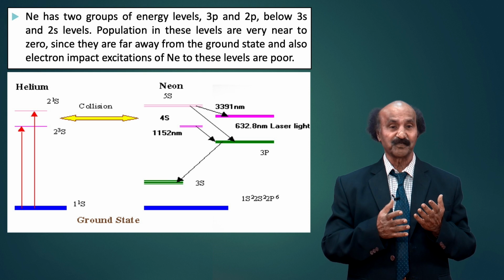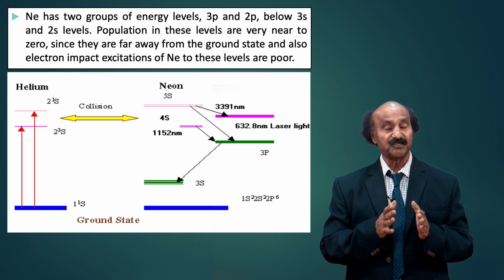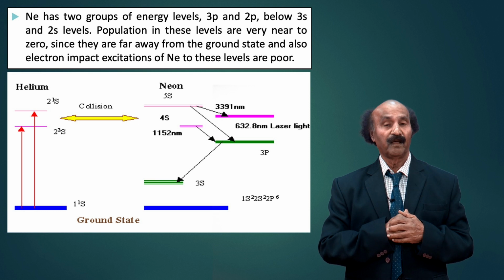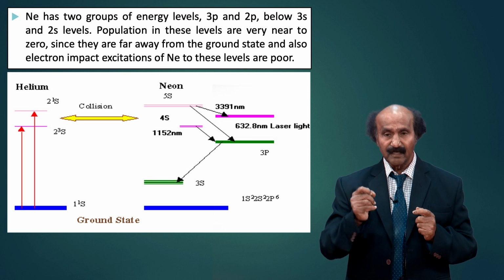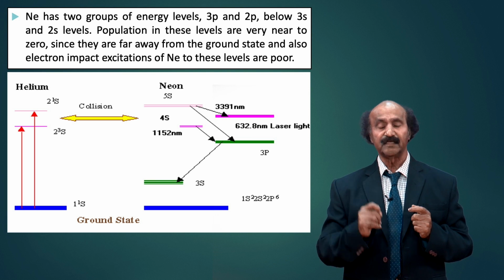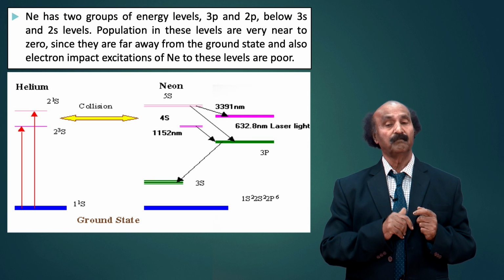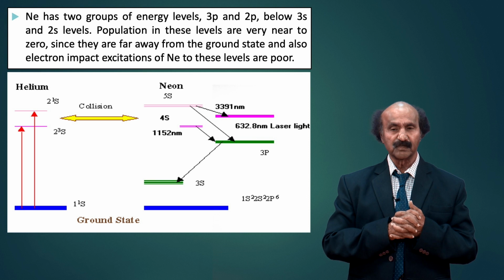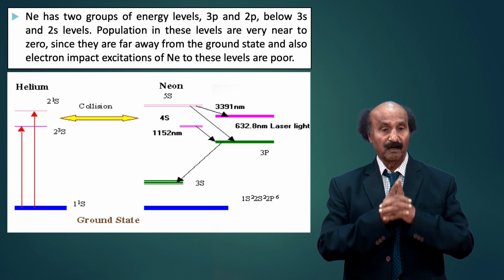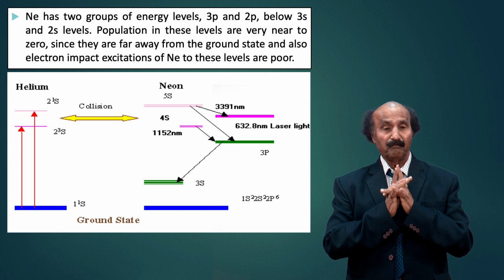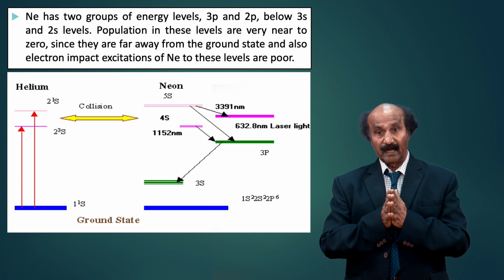In a similar fashion, helium is in the excited state. It will hit a neon atom. The neon atom will be hit and raised to the energy levels of 5s and 4s. These are very closely related levels. These two levels can be easily reached by the excited metastable helium atom. Now look at it.